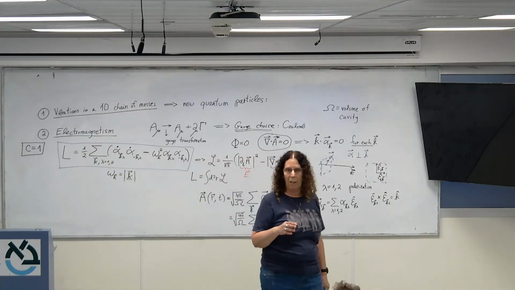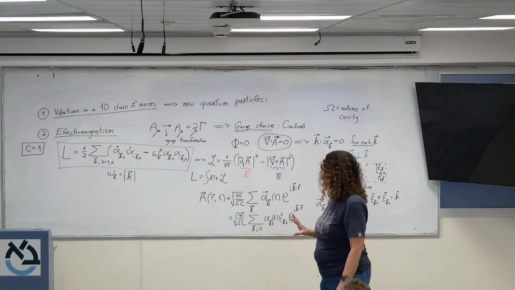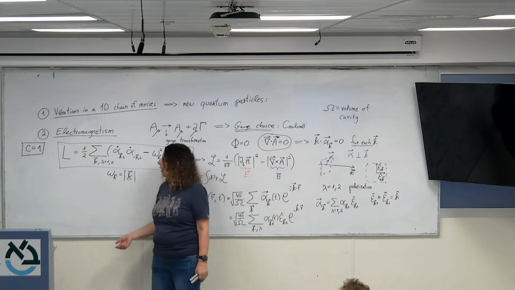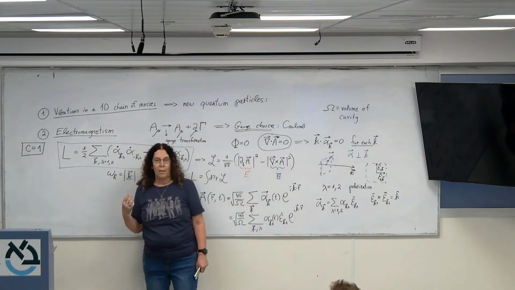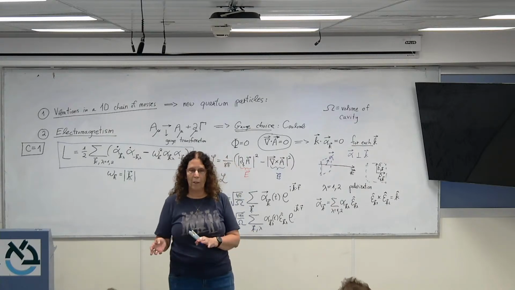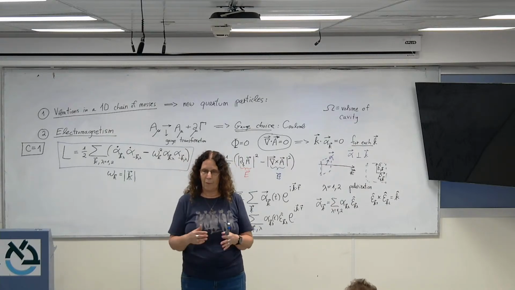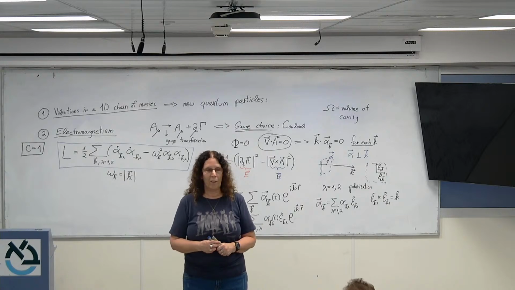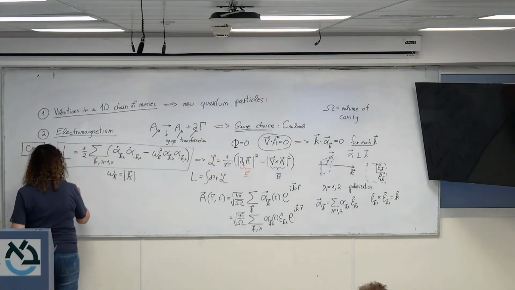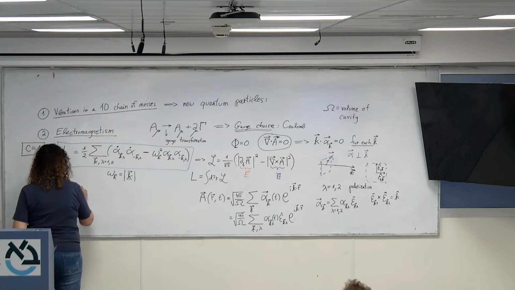This is reminiscent of exactly what we did with the mechanical problem. We first go to a Hamiltonian, and in the Hamiltonian, because coordinates and momenta have canonical commutators, we know how to quantize. So we do exactly the same thing, and the first step is to define a momentum, pk.